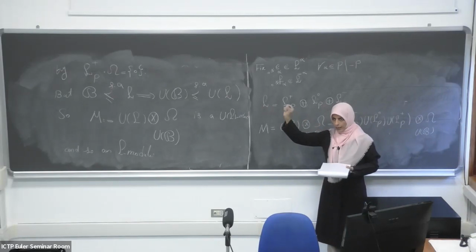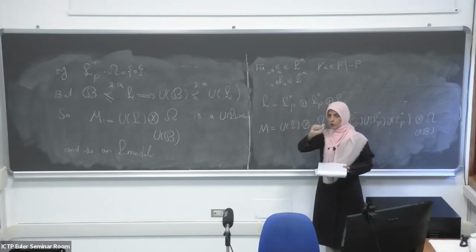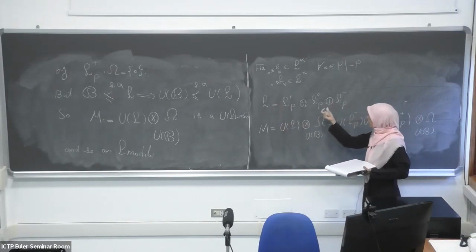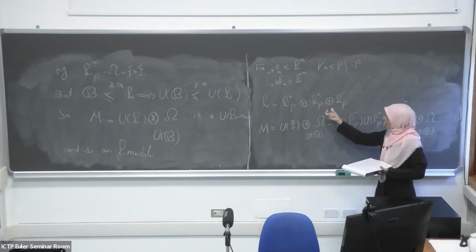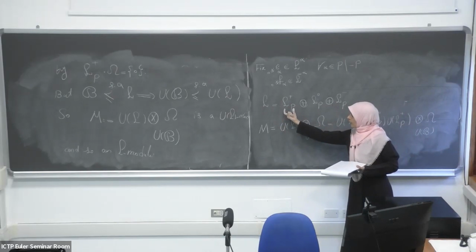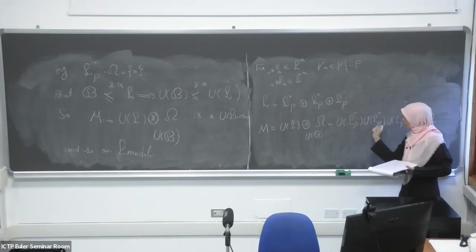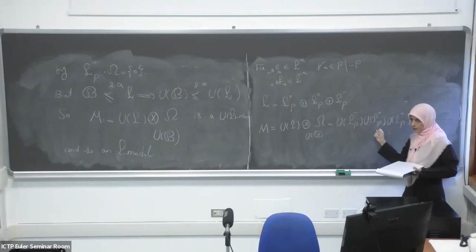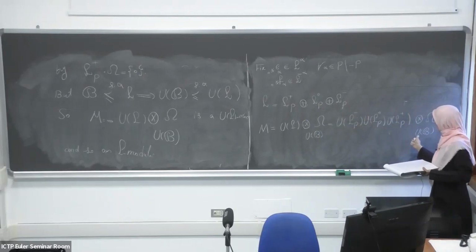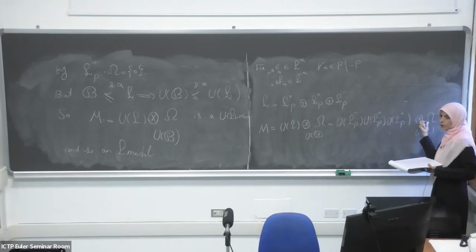There were some elements for which you should choose an order. We choose that order such that at first we put the elements of this part, then the elements of this part, and then the elements of this part. It is like this, right? And as we have a tensor product over UP, we know that this part with Ω is 0.